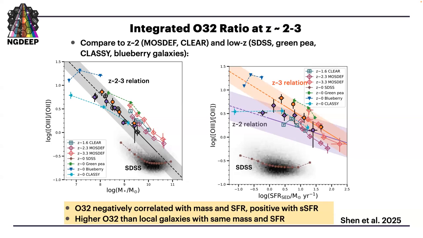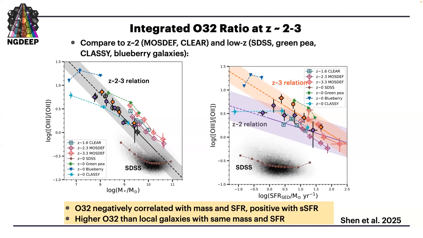So we find a consistent result with what they show, but we extend to lower stellar mass. We also compare to the green pea, class A, and blueberry galaxies. Those are at much lower stellar mass, but in the local universe. We also see a similar location there, as they are located in a similar region to ours.